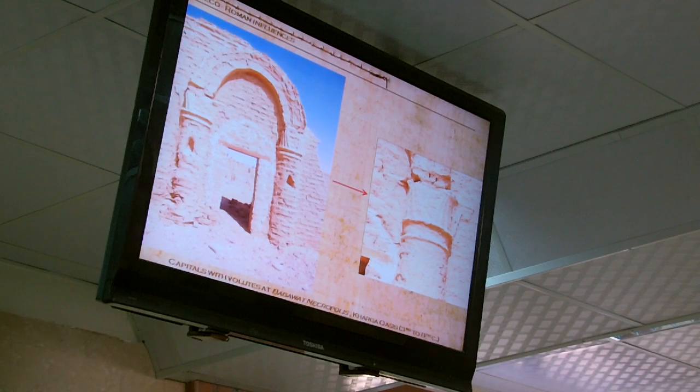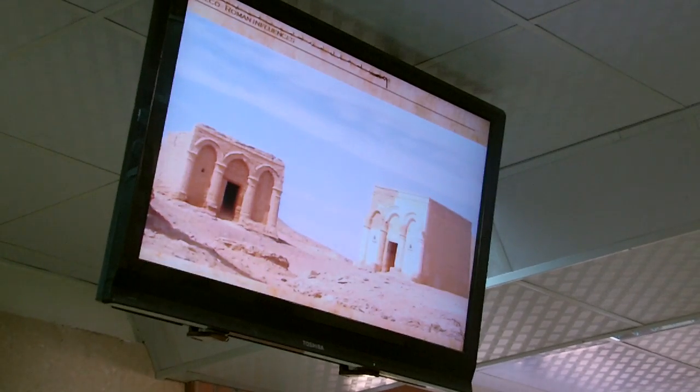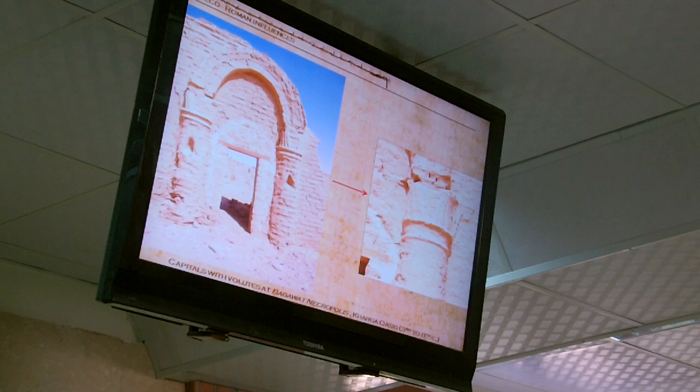Now we have an Ionic influence in the necropolis. You can see the volutes here. There were two volutes in the front corners, and the ones at the back corners are flat against the wall, here and there.